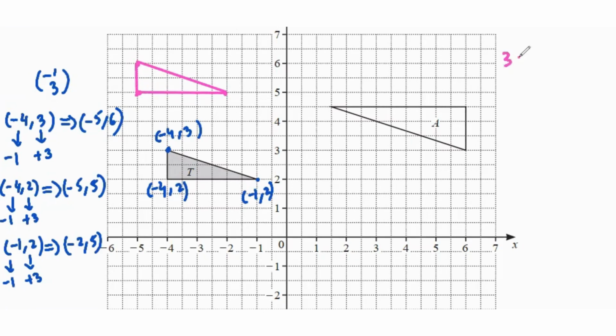This was your movement of the coordinates. So 1 unit over here and 3 units up. That is your translation.